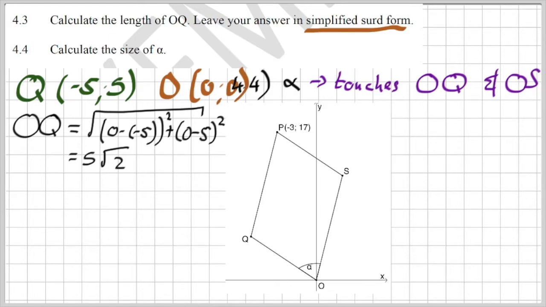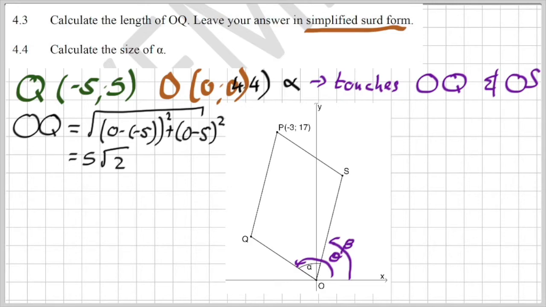Therefore, if I look at the inclination angles, the first inclination angle, which is of OQ, is from the positive x to OQ. Let's call that theta. The second inclination angle of OS is from the positive x to there, and let's call that beta.